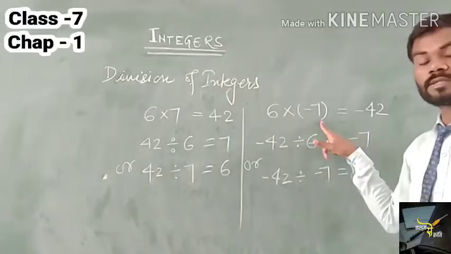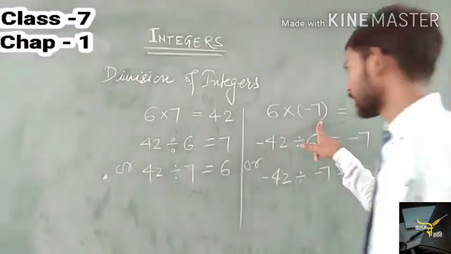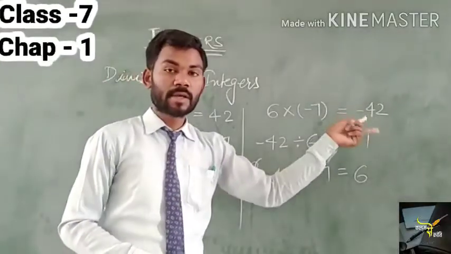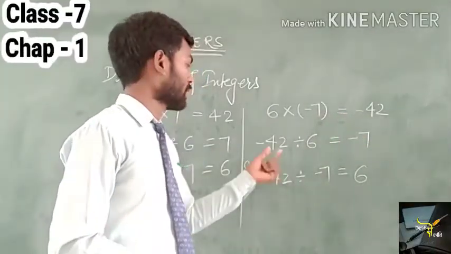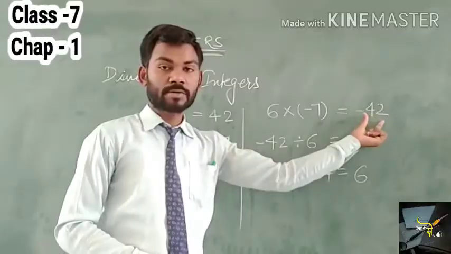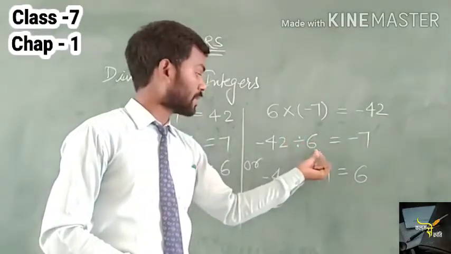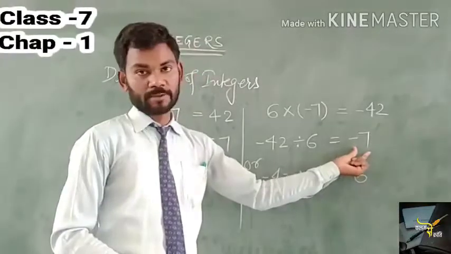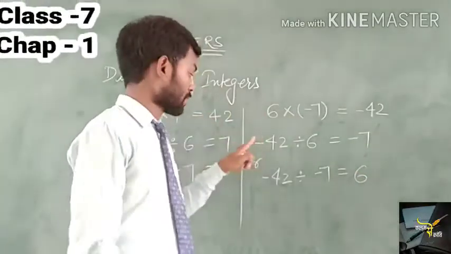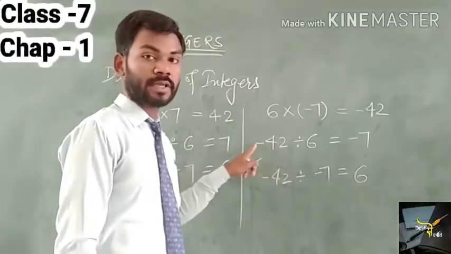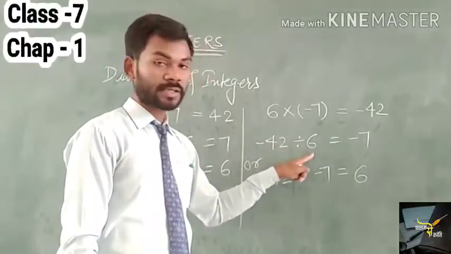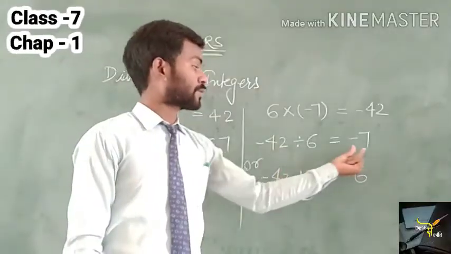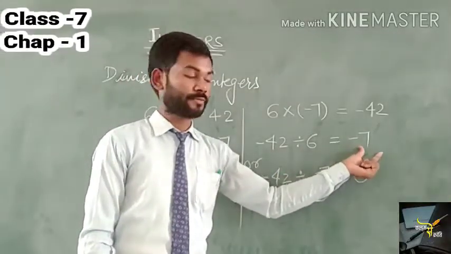When two integers multiply to each other, we get the product as minus 42. And in the next step, when this product minus 42 is divided by the integer 6, we get the result minus 7. Since minus 42 is a negative integer and 6 is a positive integer, therefore its quotient will always be negative.